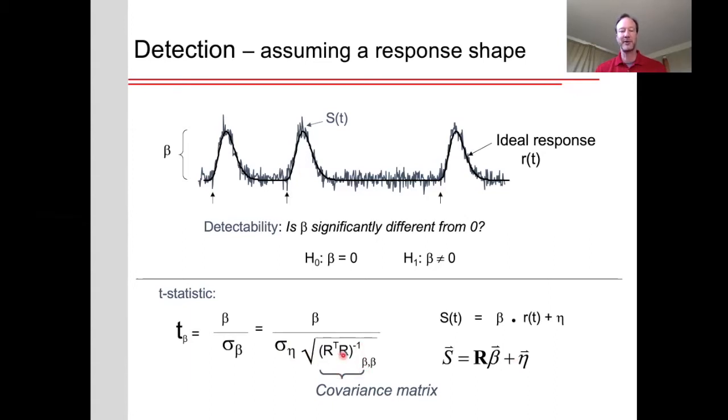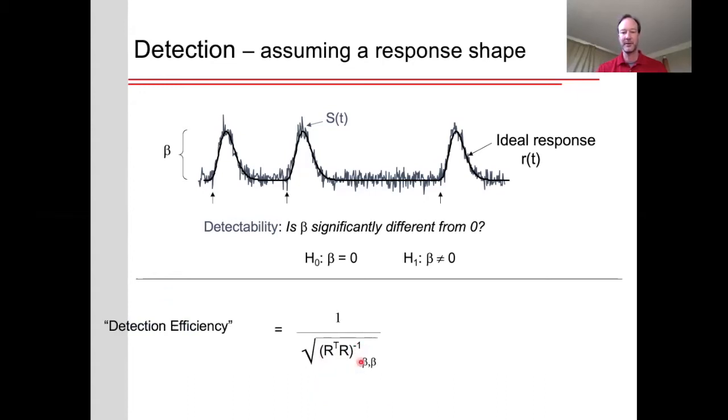This is actually what we have control over and what we can vary to try to optimize our particular design. So detection efficiency, I will call 1 over the square root of this particular element in the covariance matrix. That is, the higher the detection efficiency, the better we are able to detect the response.